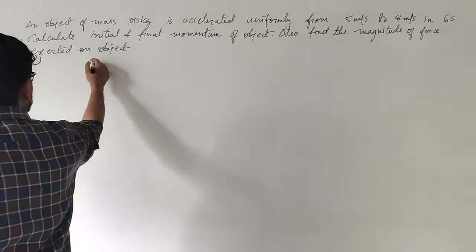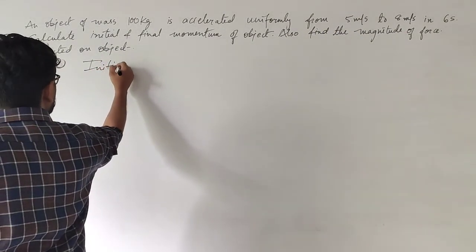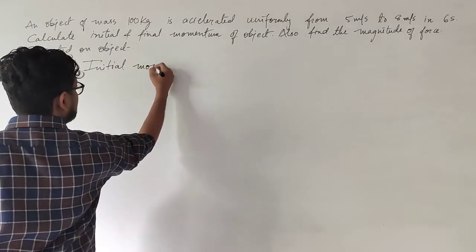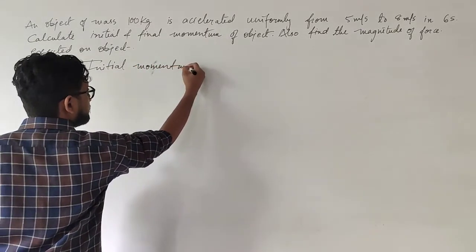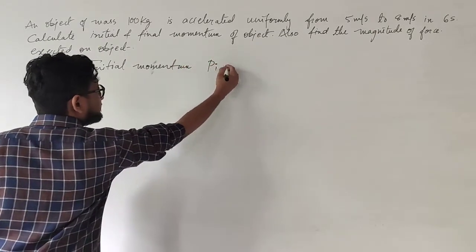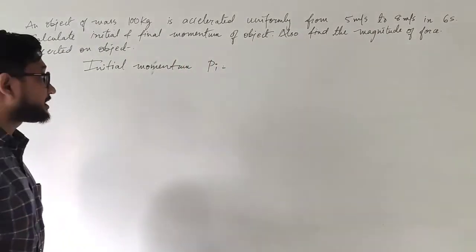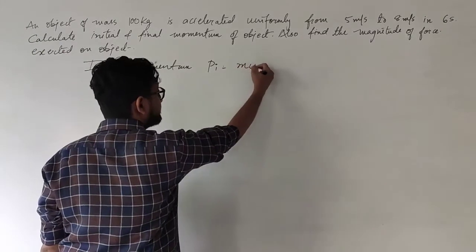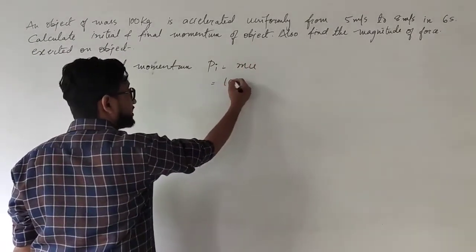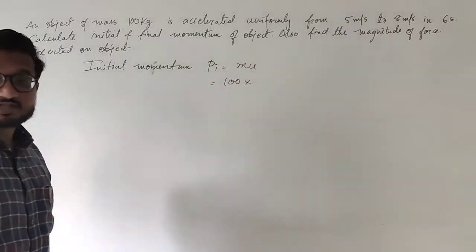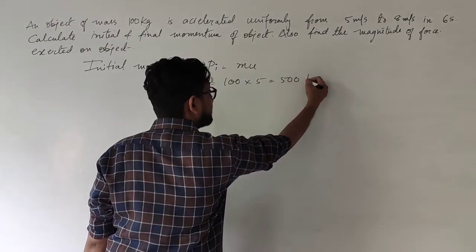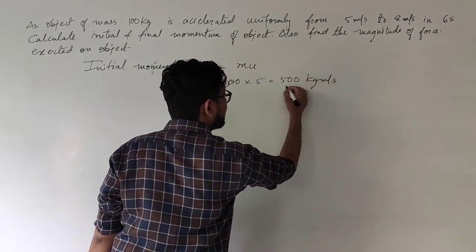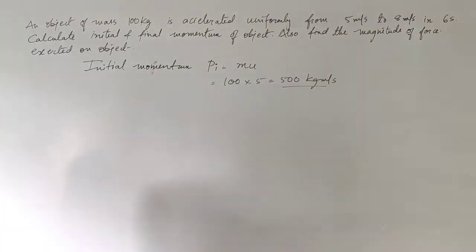Initial momentum Pi is given by mass into initial velocity, that is mass is 100 and velocity is 5. So it becomes 500 kilogram meters per second. So this is the initial momentum.